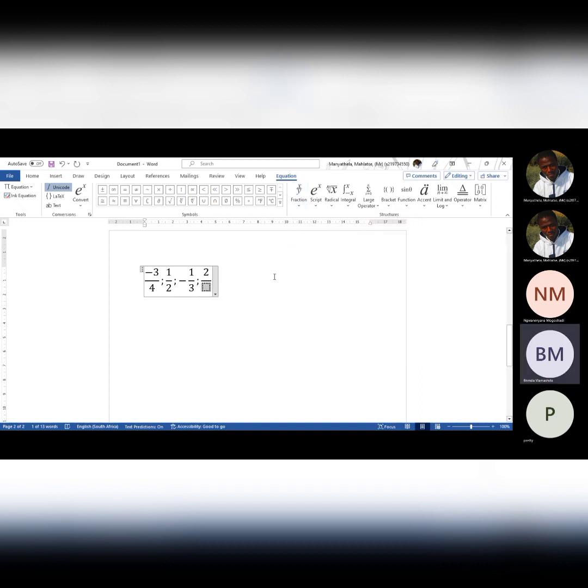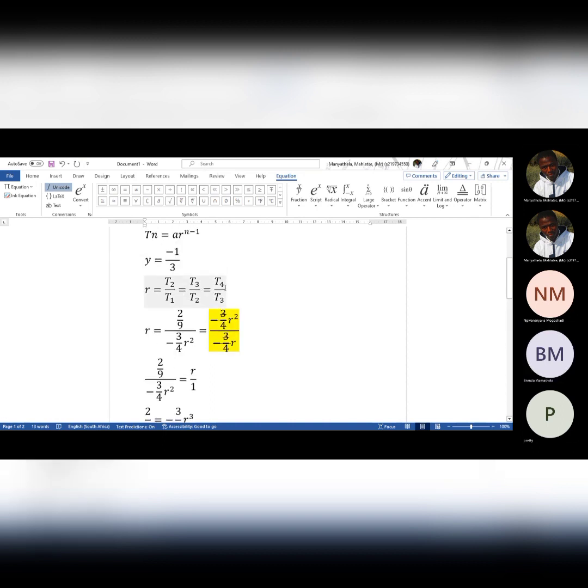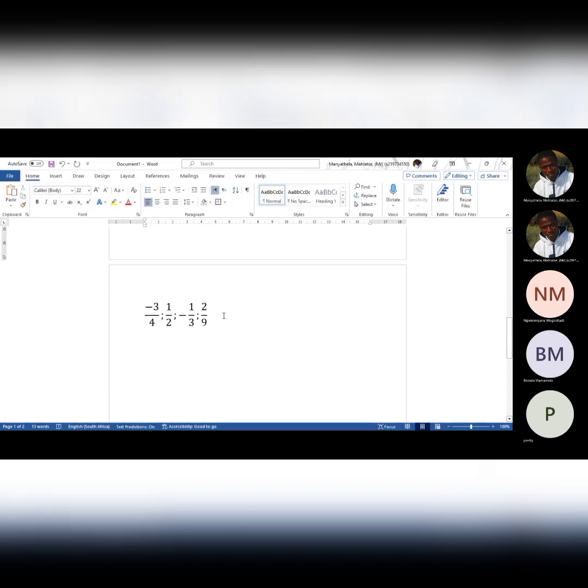Okay, fine. Use that to calculate the common ratio. Yes, it's correct.